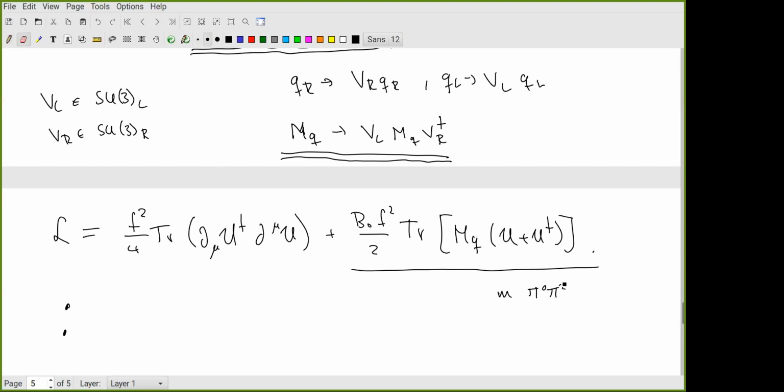So these are just mass terms for the pions, and from this you can read off that the pion masses squared are proportional to the quark masses. It just comes out of this piece. Okay, so that's just a side information in some sense.